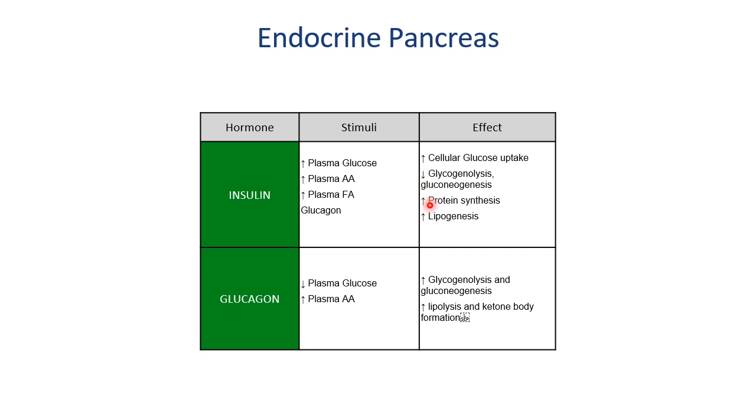Insulin is the major anabolic hormone, and it increases protein synthesis as well as fat synthesis or lipogenesis.